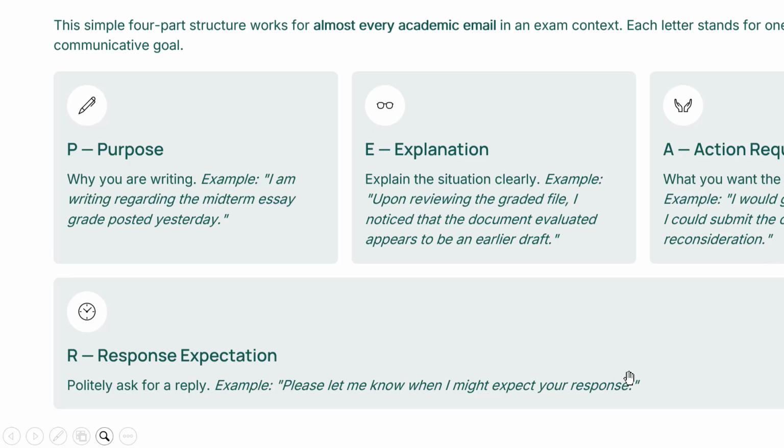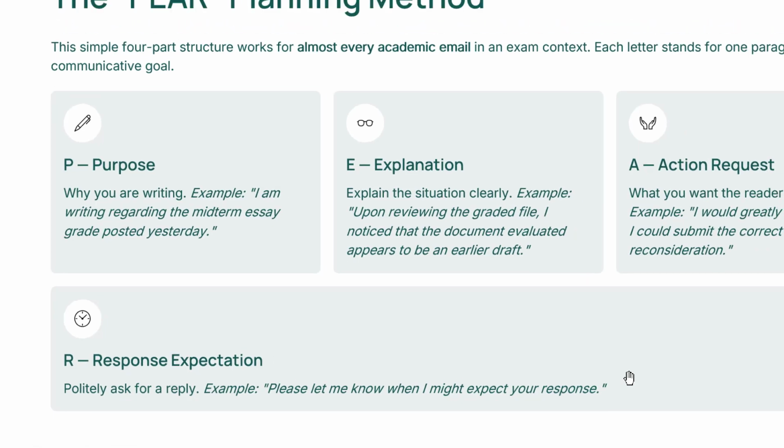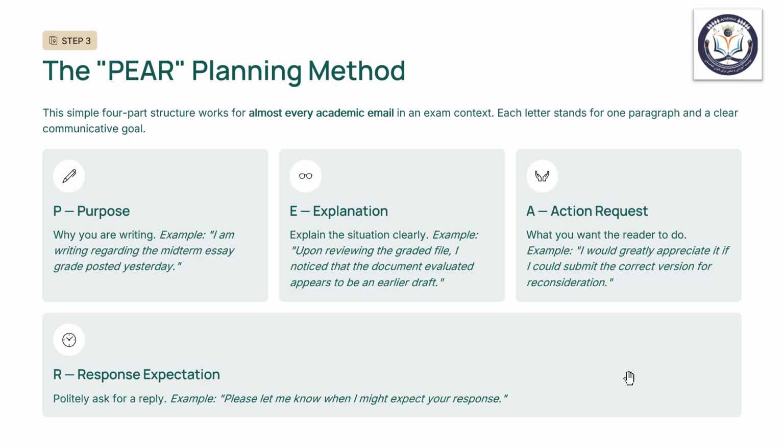You are asking politely for a reply at the end of your email. So overall, we can organize our email this way. First of all, we state the purpose of our email. Why are we writing the email? We have to answer this question.